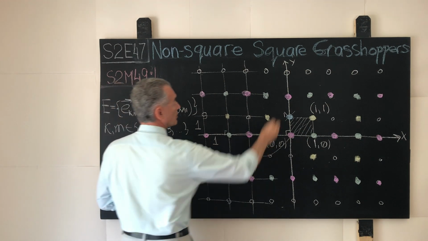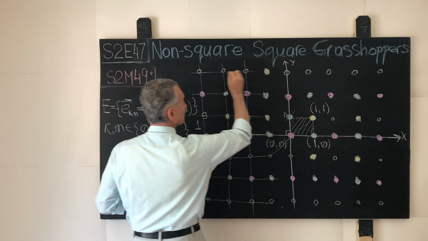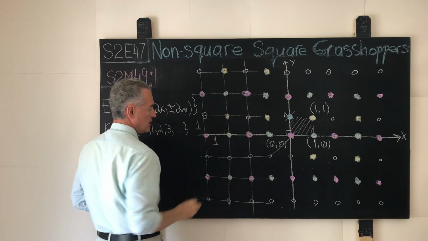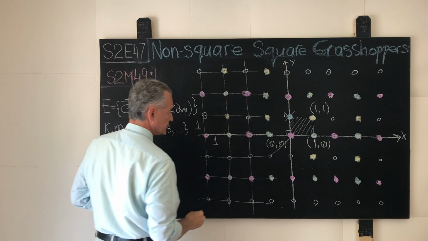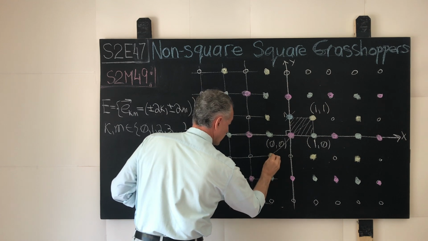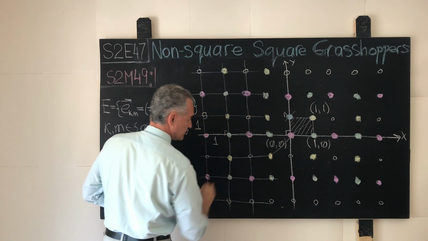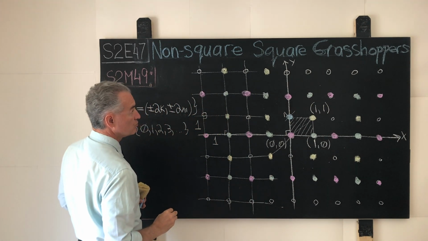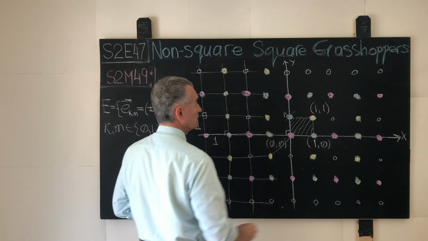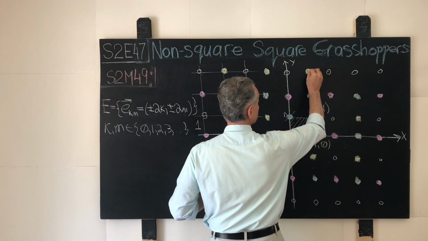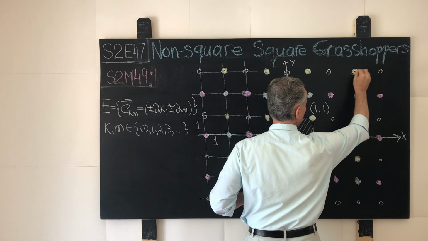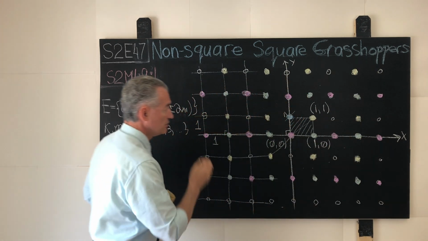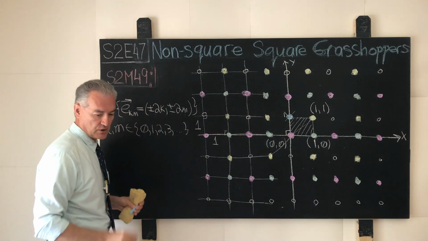And what else? This will be yellow, and this will be yellow. Do I have any more room? Let's say yes, this point will be yellow, and this point will be yellow. But you guys are catching on to what's going on, I hope.